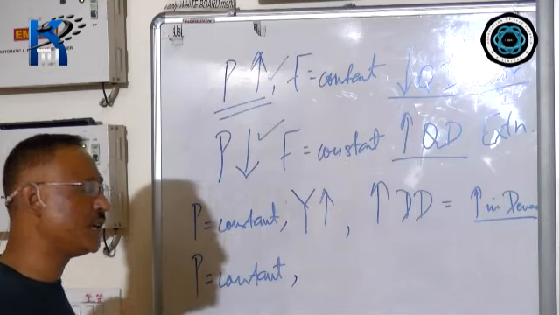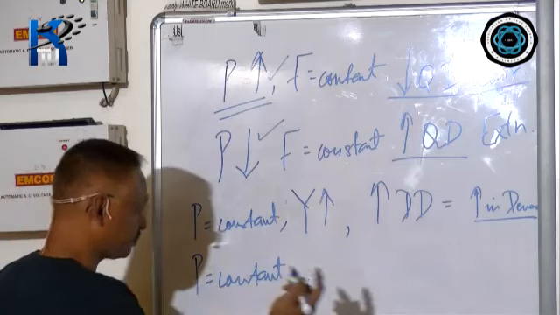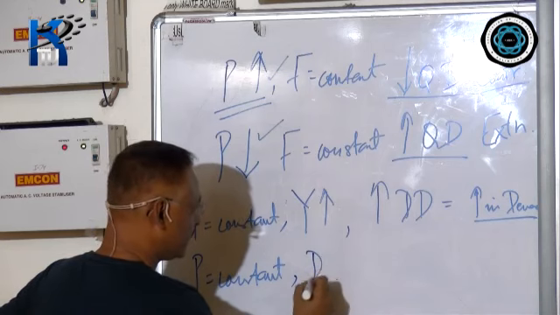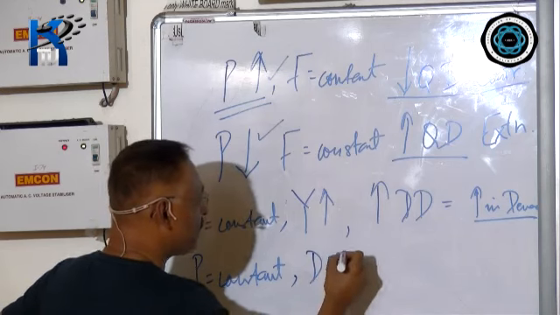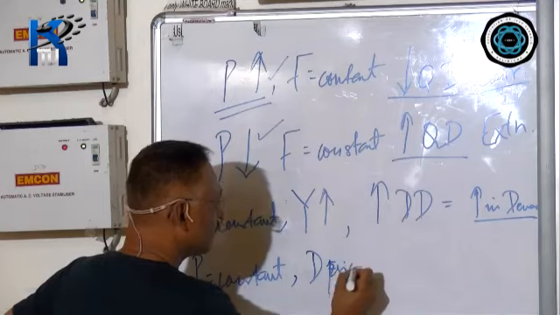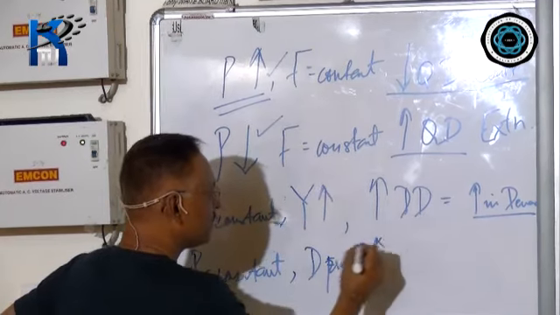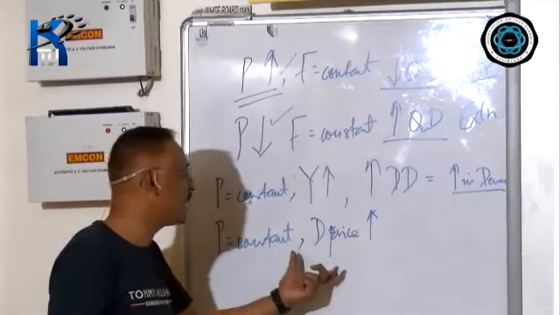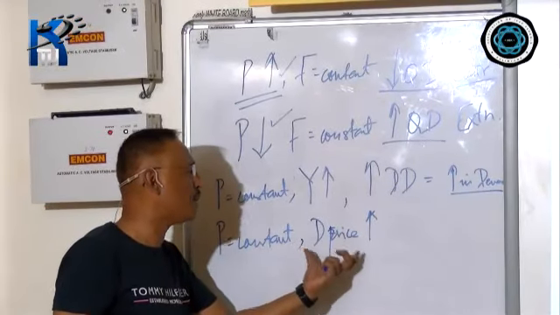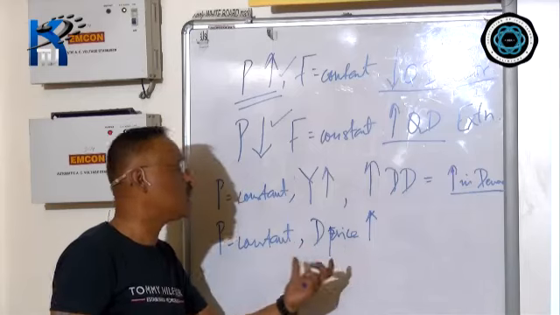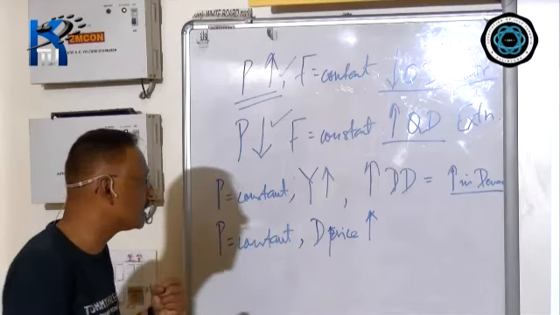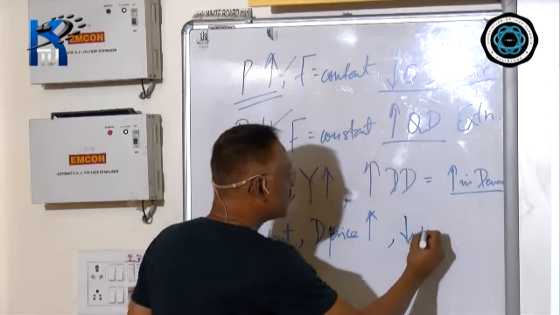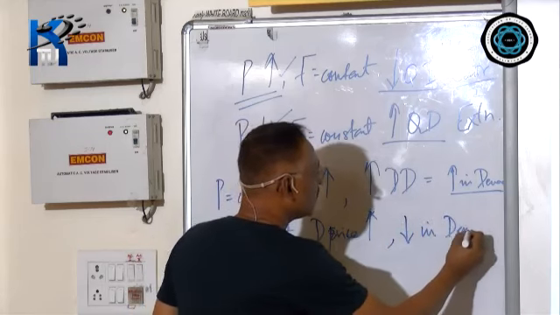Imagine the price of diesel has increased. When there is an increase in the price of the complementary good, that is diesel, what will happen to diesel cars? The demand for diesel cars will decrease.